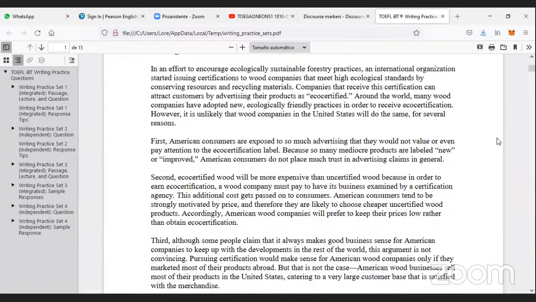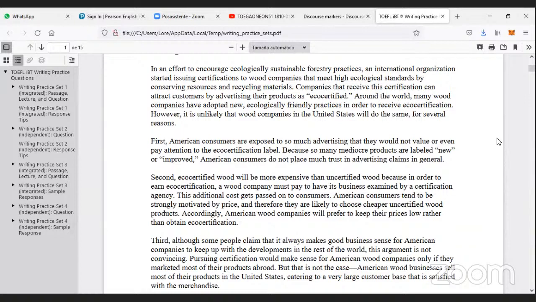First, American consumers are exposed to so much advertising that they would not value or even pay attention to the eco-certification label. Because so many products are labeled new or improved, American consumers do not place much trust in advertising claims in general. Second, eco-certified wood will be more expensive than uncertified wood because in order to earn eco-certification, a wood company must pay to have its business examined by the certification agency.